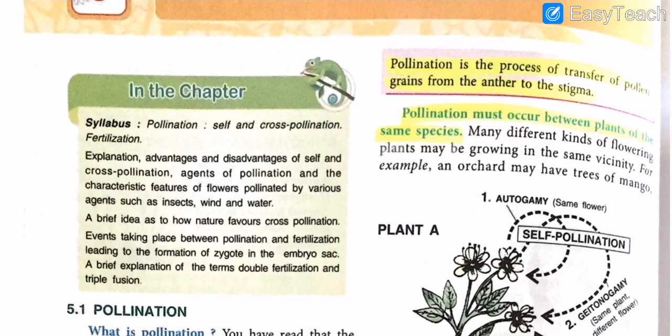Because it has to be of the same species. Imagine tomato and carrot together. Not a pleasant surprise. So many different kinds of flowering plants may be growing in the same vicinity. For example, an orchard may have trees of mango, right? Now, many different kinds of flowering plants may be growing in the same vicinity.